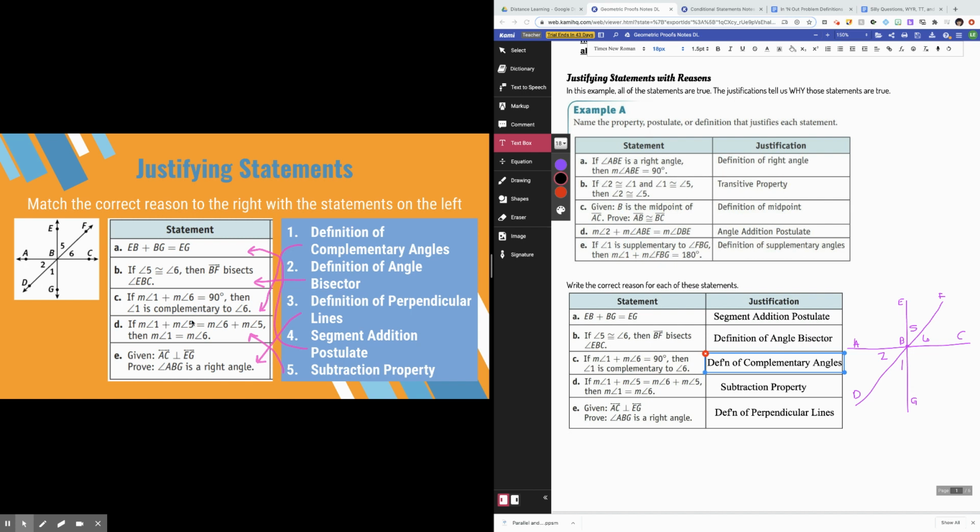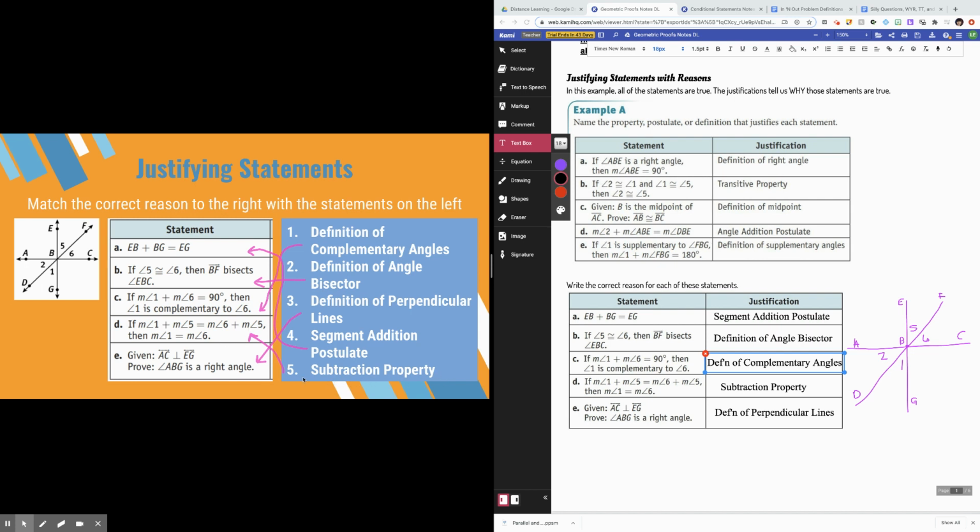Okay. Part D may have been a little bit tricky because we started out with this really long equation and then went to this shorter equation, right? So if you can look and see what they did on both, you have to look and see what changed from the first equation to the second equation, just like you did when we were doing algebraic proofs. So here, what happened is we got rid of the measure of angle 5, and we did that by subtracting it from both sides.